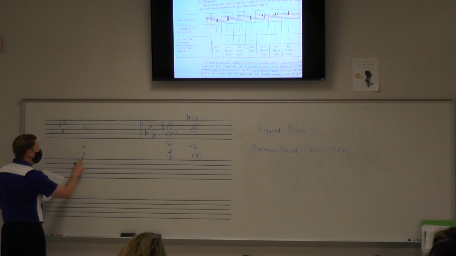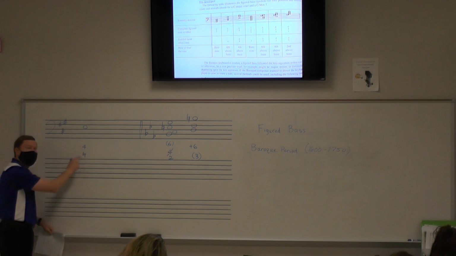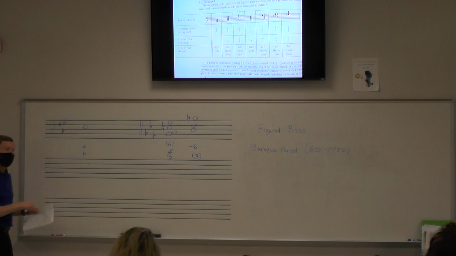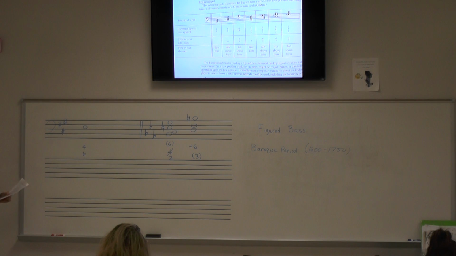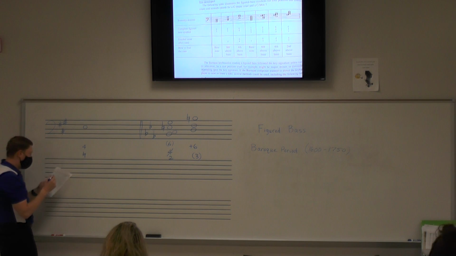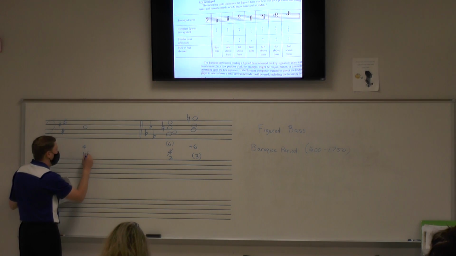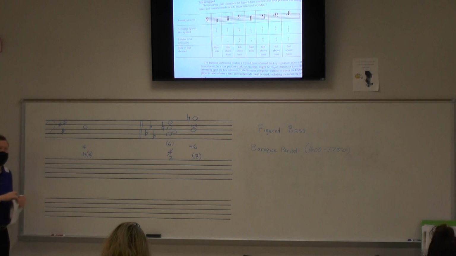In other words, this accidental is not connected with any kind of number. There's no interval number it's connected to. And when you see an accidental by itself that is not with a number, it always refers to the note a third above the bass. That's what you're supposed to safely assume.